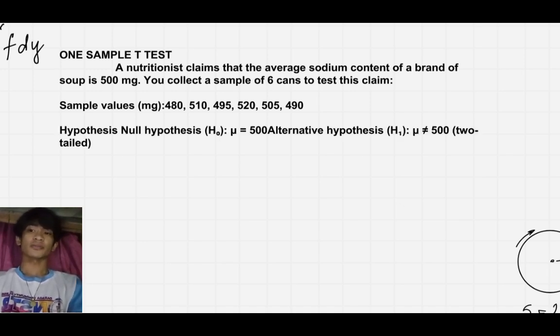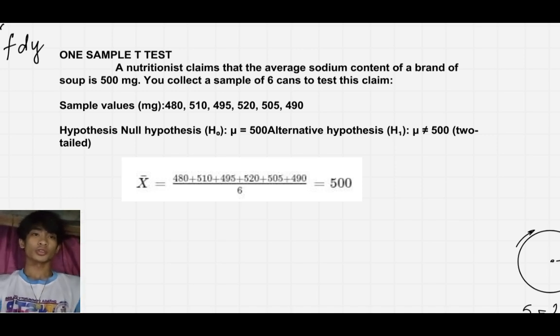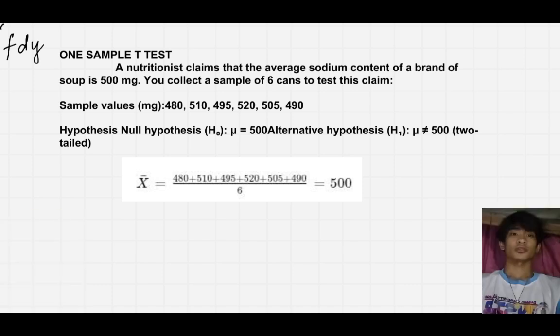First, let's find the sample mean. To find the mean, just add the given data, 480 plus 510 plus 495 plus 520 plus 505 plus 490, divided by the total number of data, which is 6. That is equivalent to 500.